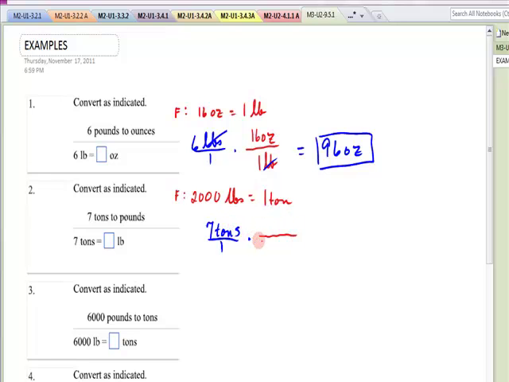I want tons to go away, so I need 1 ton down here. That means that 2,000 pounds has to go on top. The tons are gone. I end up with 7 times 2,000, which is 14,000, and the only unit left is pounds.